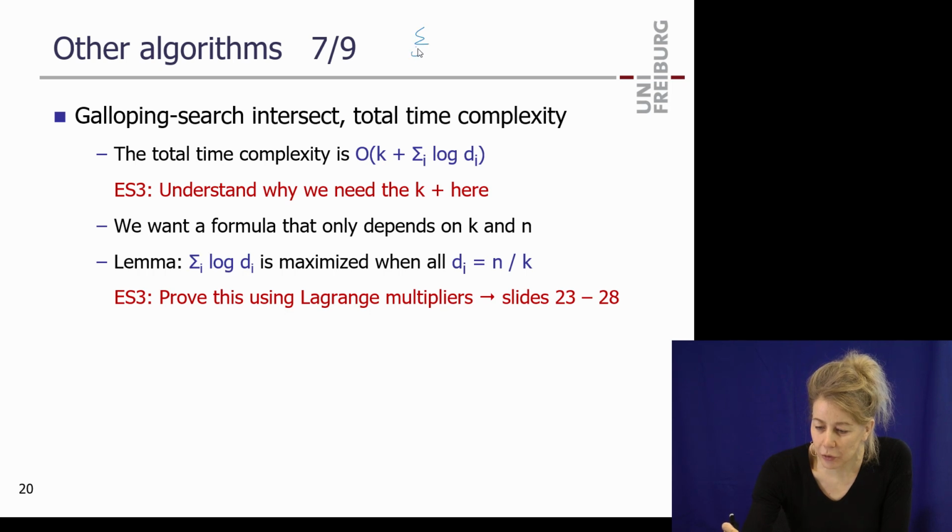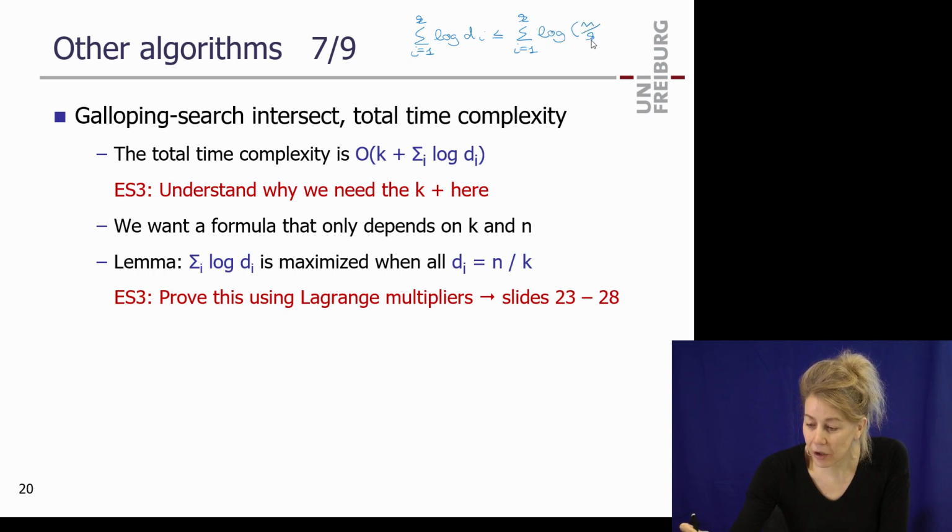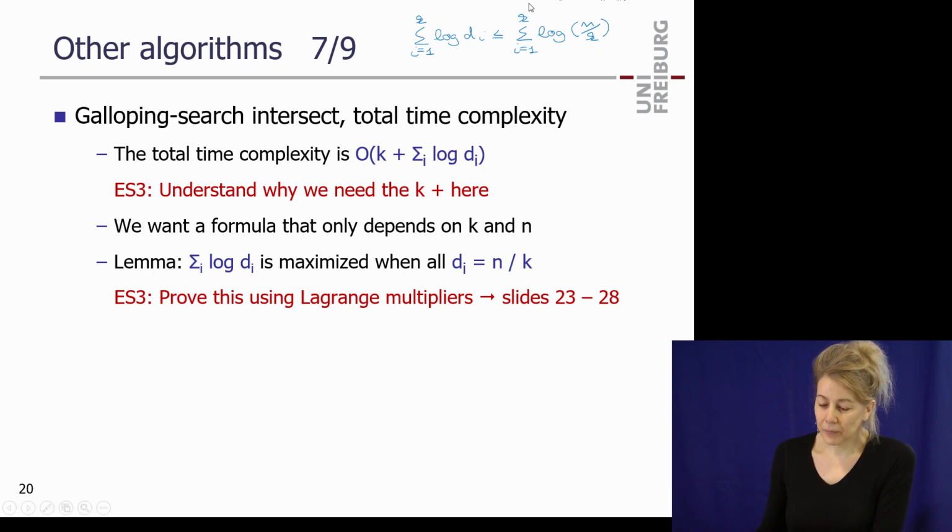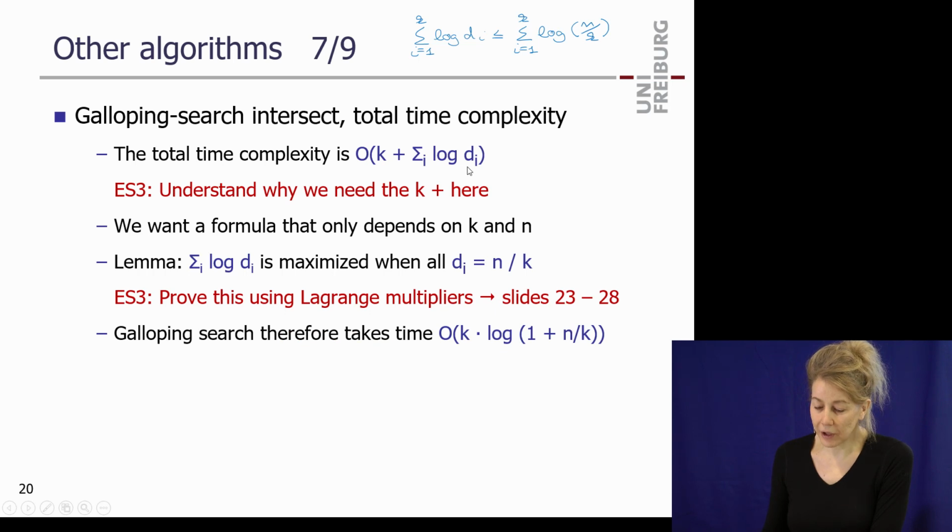So you can prove that this sum of log d_i is largest, which means it's the worst case, if all the d_i are n over k. So that's the worst case.